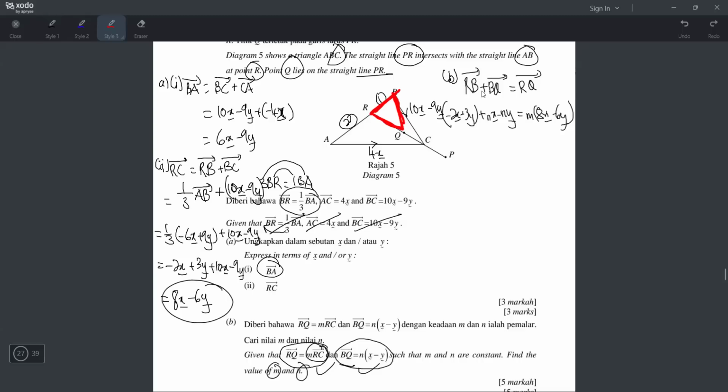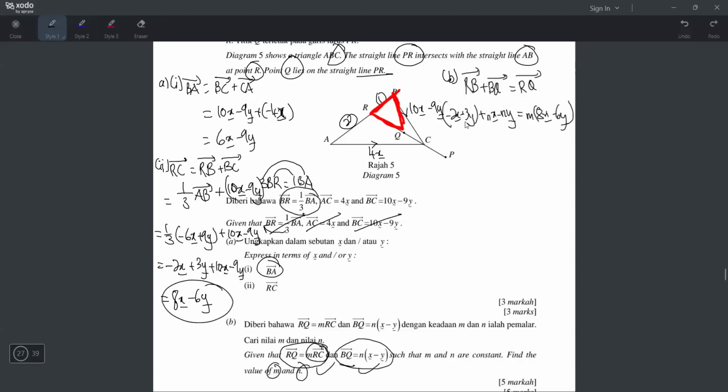Tapi kalau you tulis macam ni, nanti QB tu you kena tukar tanda lah, because this one is BQ. But can also. You get the same answer. Sama saja. As long as you combine M and N inside one equation, then it's correct already.